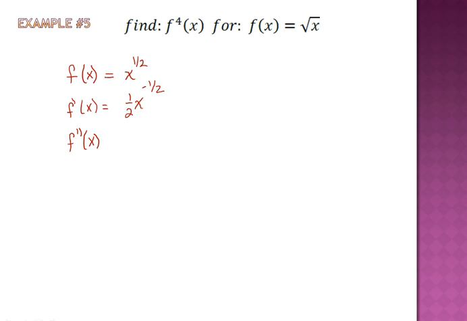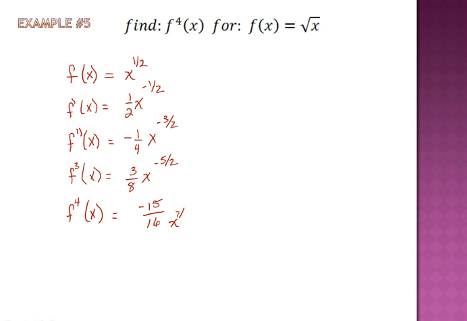So f double prime, because it's easier just to drop that exponent again, I get negative 1/4 x to the negative 3/2. f triple prime, I get positive 3/8 x to the negative 5/2, and f quadruple prime, I get negative 15 over 16 x to the 7/2 on the bottom.